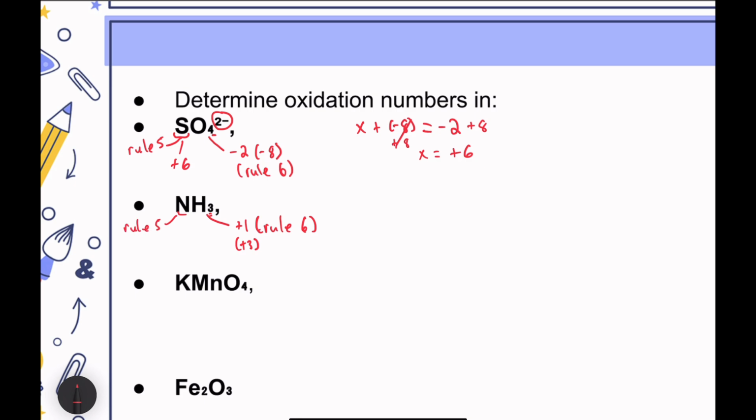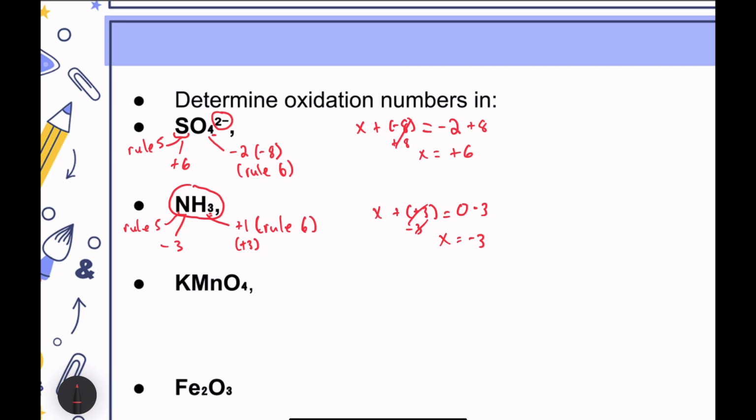We're going to figure out what oxidation number nitrogen has to have in order for this entire compound to equal a charge of 0. Remember that if charges are not listed, that means it's 0. So we're going to go X plus the total of the hydrogens, +3, and that's supposed to equal 0. If I isolate for X, X is equal to -3. So by virtue of Rule 5, your nitrogen here is -3.